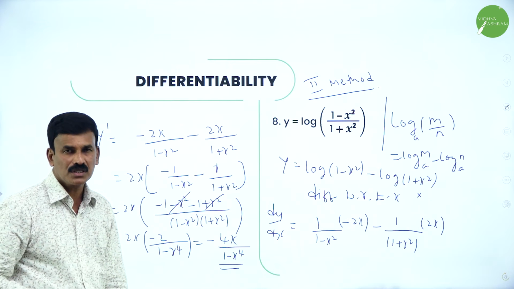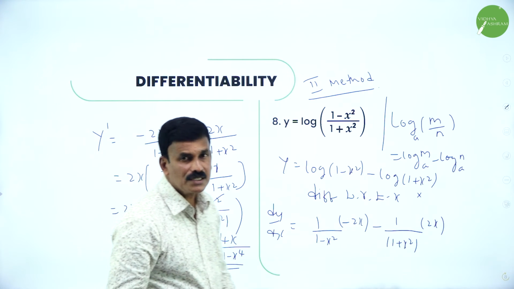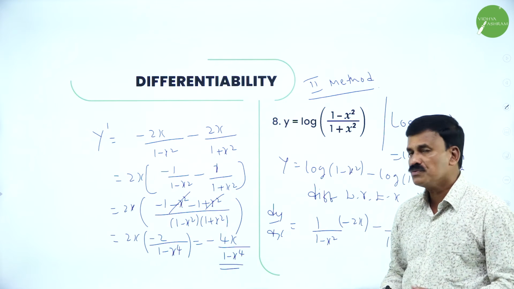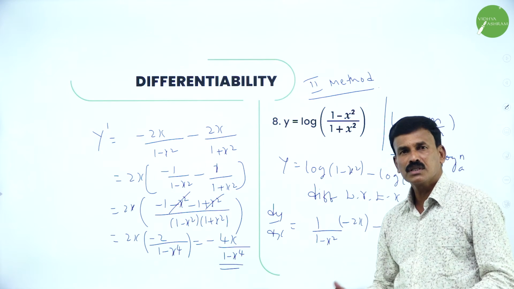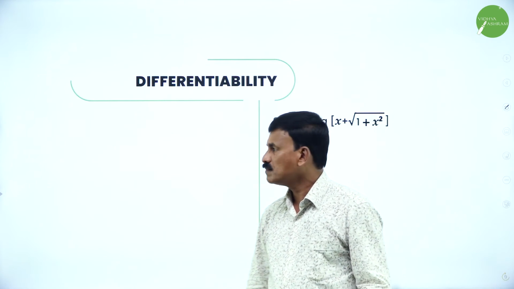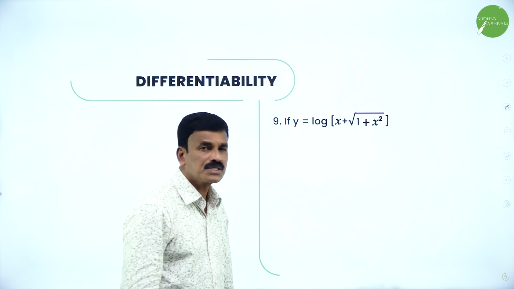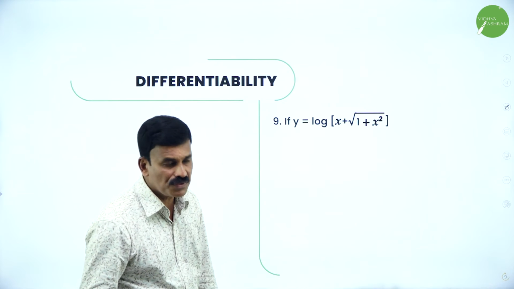This is the another method. So, in both the cases, we will get dy by dx as minus 4x divided by 1 minus x to the power of 4. That's it. Hope you followed. Right. Let us come to the next problem. If y is equal to log of x plus root of 1 plus x square, find dy by dx.